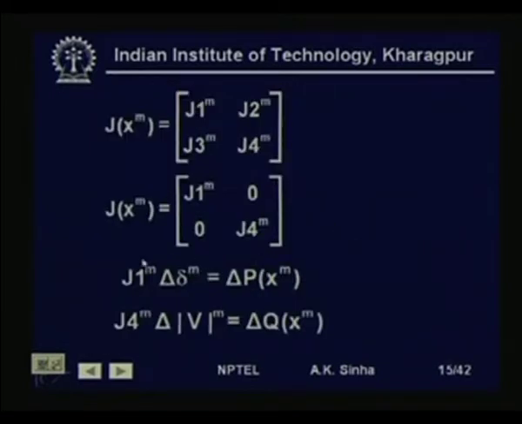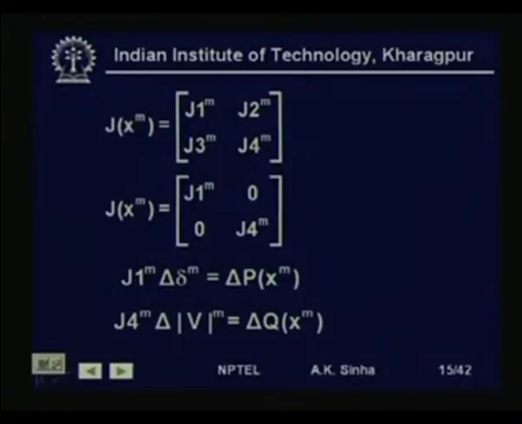So, this is what we see. Now, what has happened is, if we assume that there is no PV bus, then we have 2 into (n minus 1) equations, and the Jacobian matrix is a 2(n minus 1) by 2(n minus 1) matrix. Now, here J1 is only an (n minus 1) by (n minus 1) matrix, and J4 is again an (n minus 1) by (n minus 1) matrix, if we assume no PV buses.